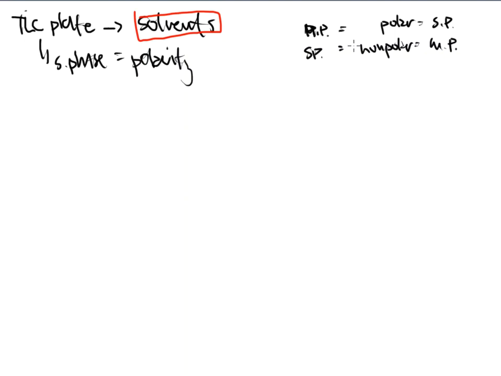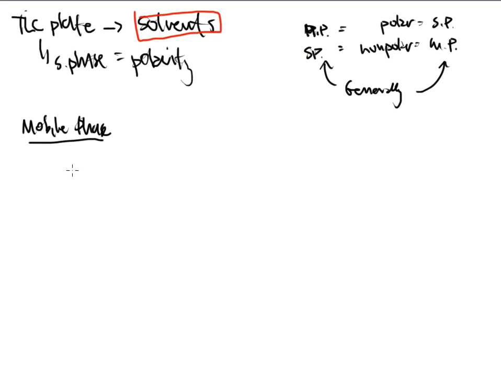But what I'm saying here is that generally, you either have nonpolar, polar, stationary phases and mobile phases, or the reverse. You never really have both at the same time. Now, with that said, let's talk about some of the mobile phases that can be used in TLC.